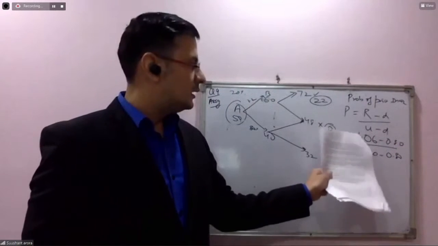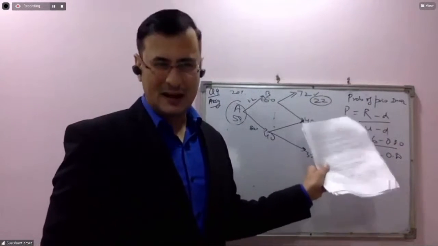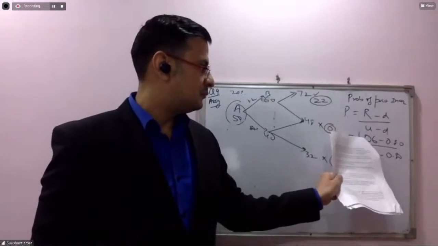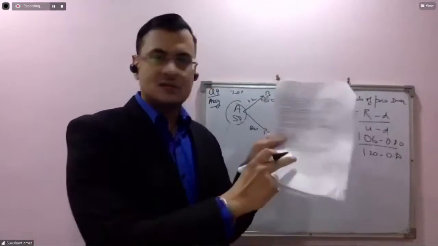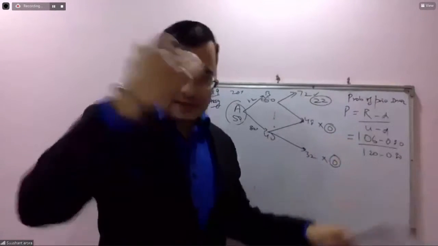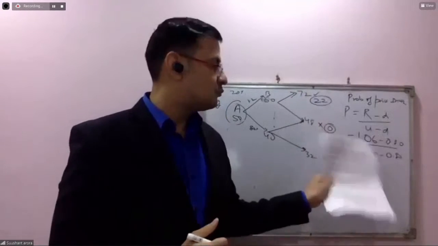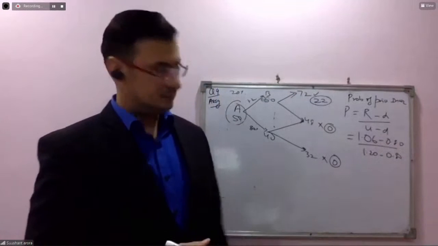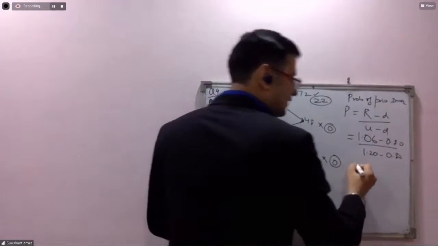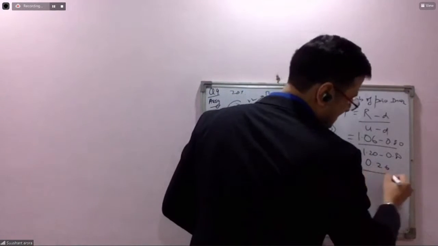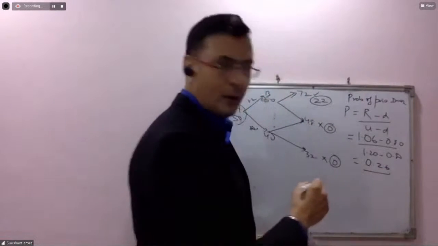Please be a little cautious. 1.06, the risk-free rate, minus the down value 0.8, divided by the up value 1.2 minus 0.8. This will give you 0.26 divided by 0.4.